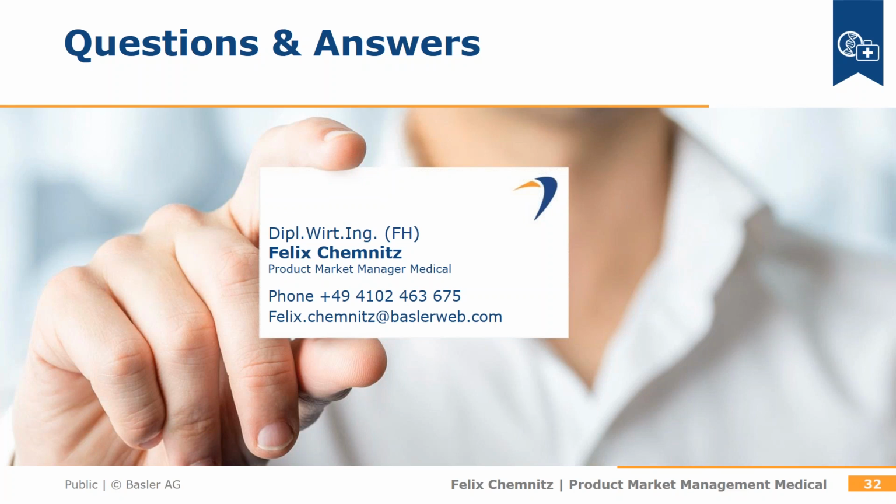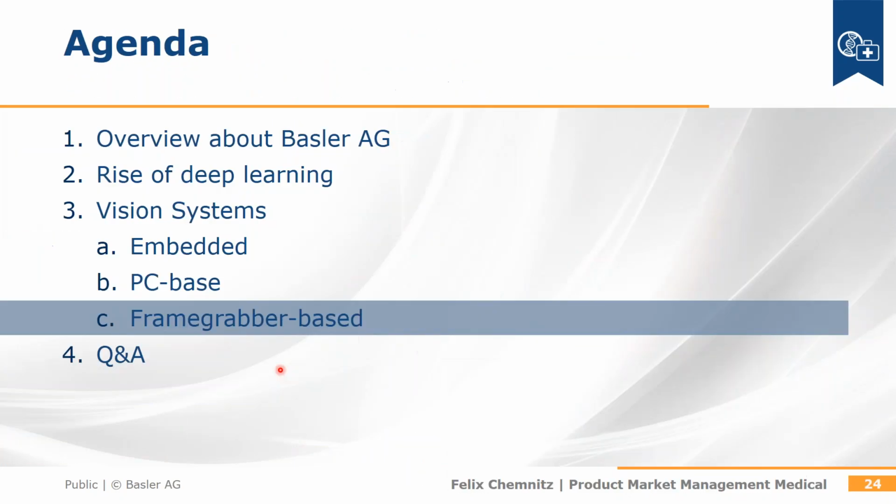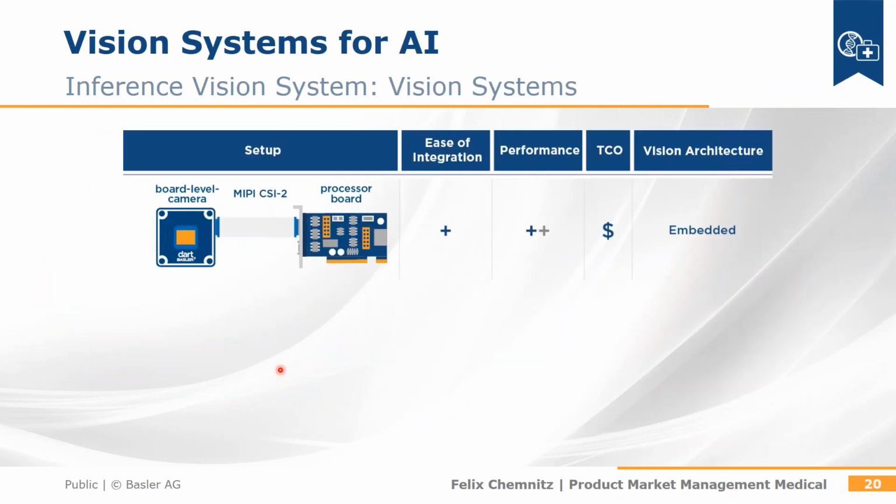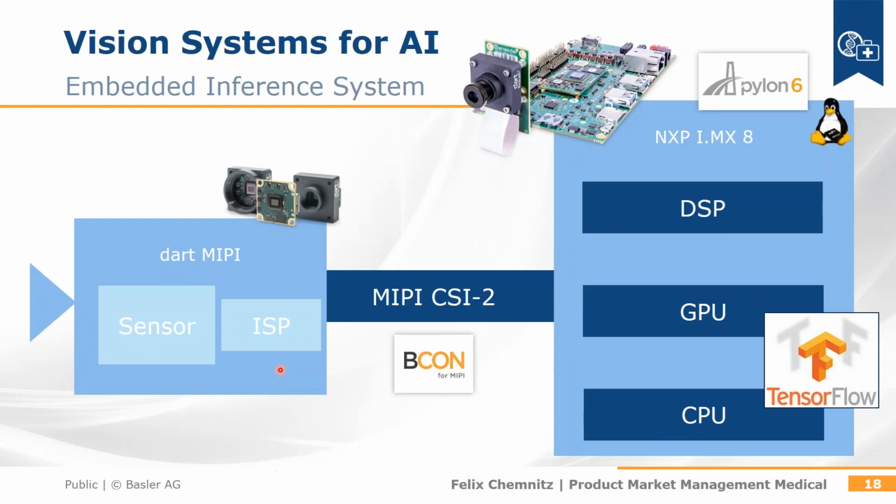So we'll begin here, Felix, with our first question, which came in around slide 22. What is the footprint of the embedded processing board? So I will try to jump back to slide 22. Okay, we are talking about this embedded board.